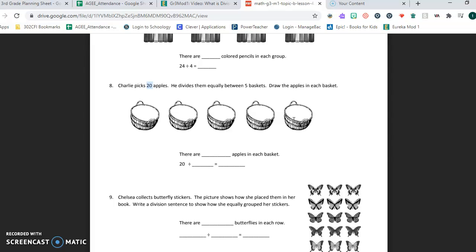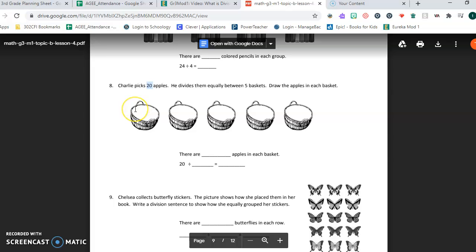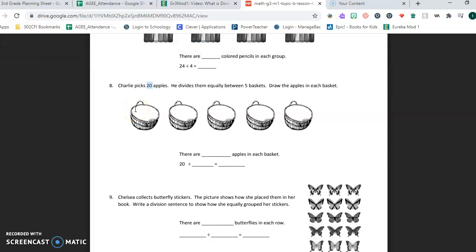Every basket has 1 in it. We go back to the first basket and we start counting at 6 because we've already done 5. So we add another little stick or circle, whichever you're choosing. 6, 7, 8, 9, 10. So we've distributed 10 apples into 5 baskets, and each basket has 2 apples in it now.